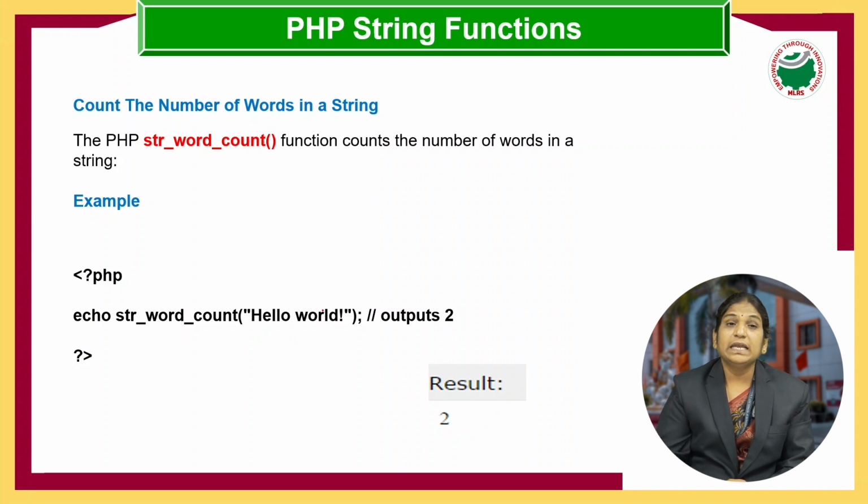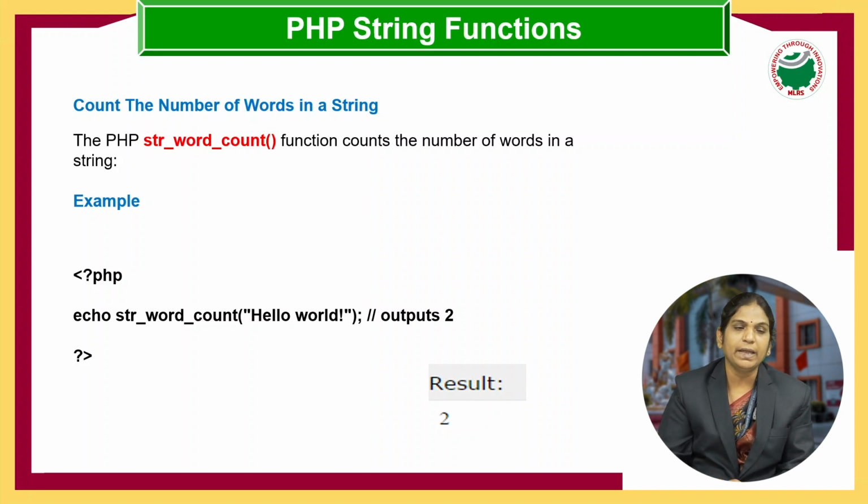Here, the default delimiter between words is treated as a space. Once there is a space between two words, they are treated as two different words. So here, HELLO space WORLD. The space between hello and world is taken as the delimiter, so it is counted as two words.